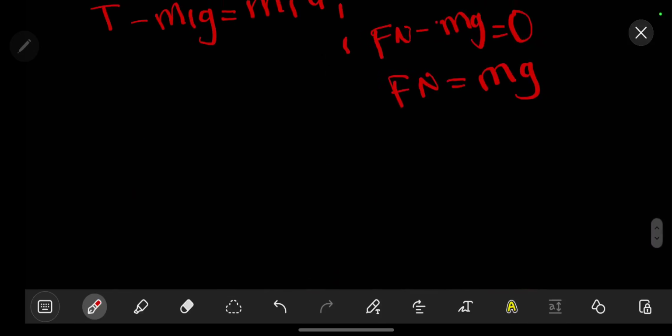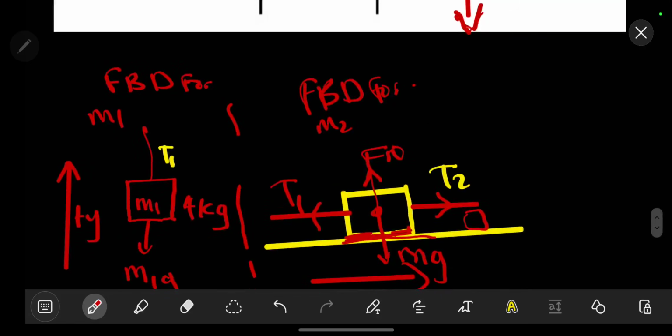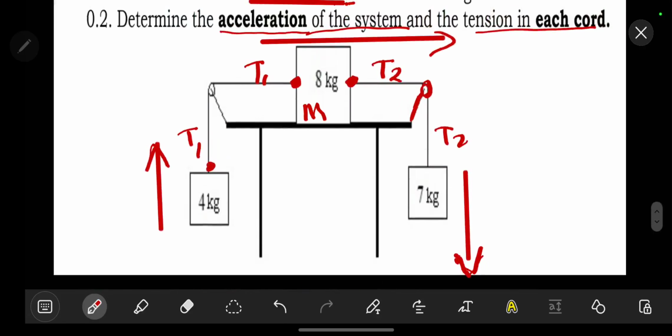For our forces in the x direction, it is moving, meaning it will have acceleration. So we are going to say our m1a like that. We are going to say ma, since the mass is for the middle part, and this mass we are just going to call m, then this will be our m2.